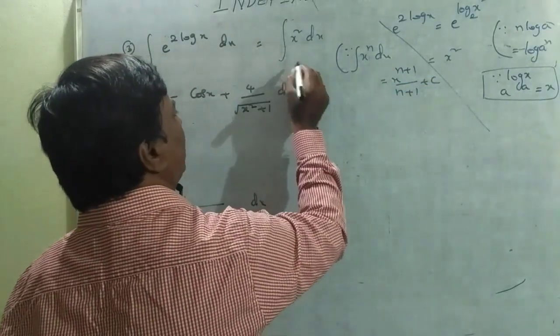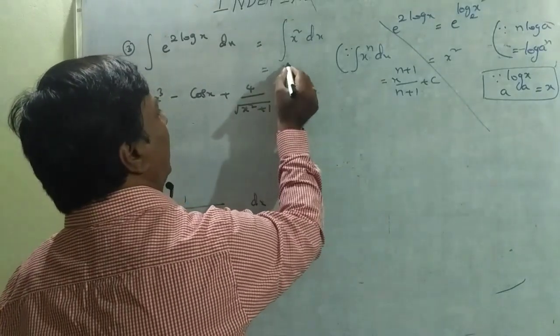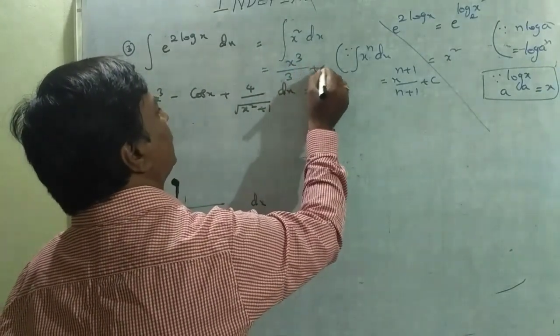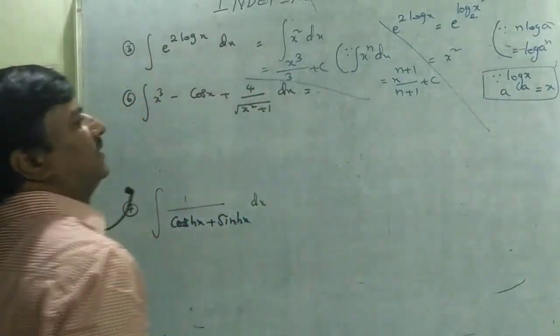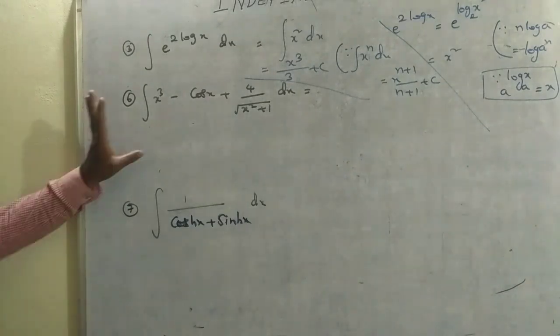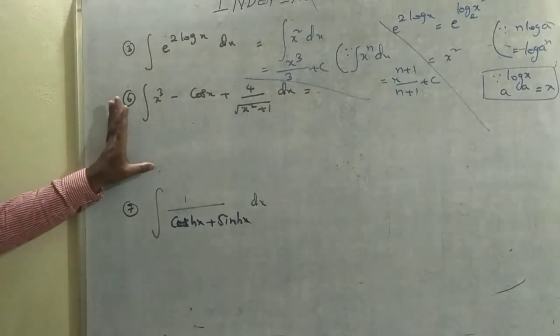That means we can write this as x to the power of 3 divided by 3 plus c. This is the answer, and then we can proceed to the next question.